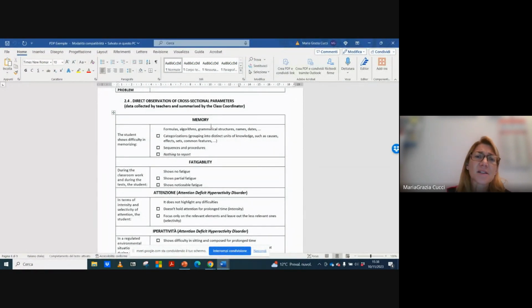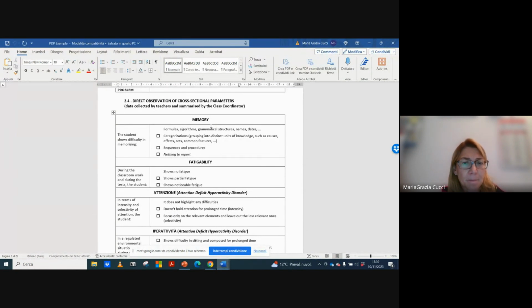So, for instance, it is easier to understand whether it is easier for a student to memorize a sequence in something very practical, exactly as in the laboratory when we ask the student to follow a procedure to use a device.